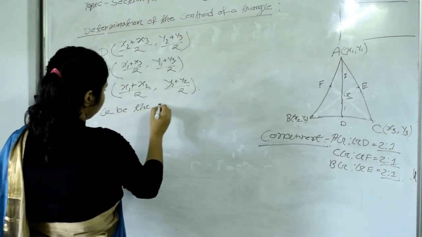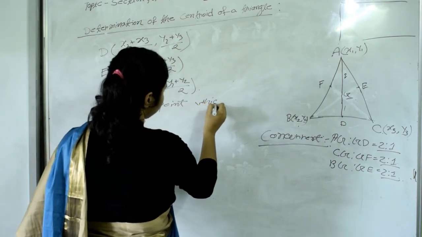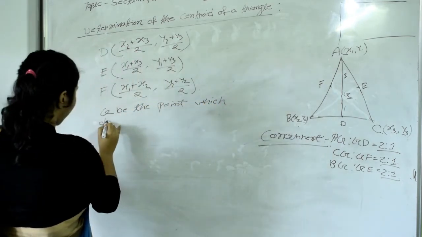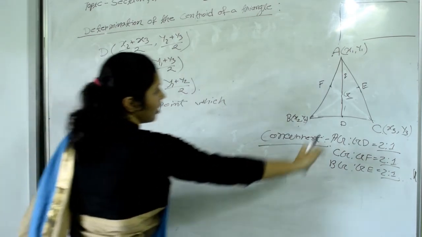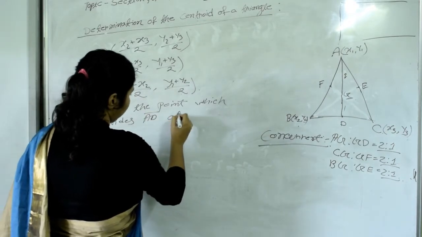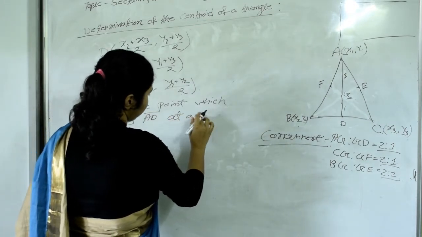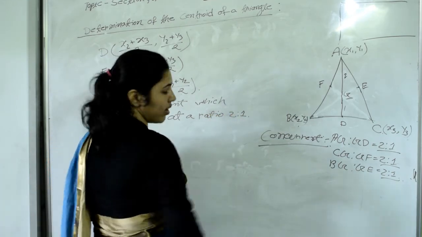Now let G be the point which divides AD, the line segment AD, at a ratio 2:1.